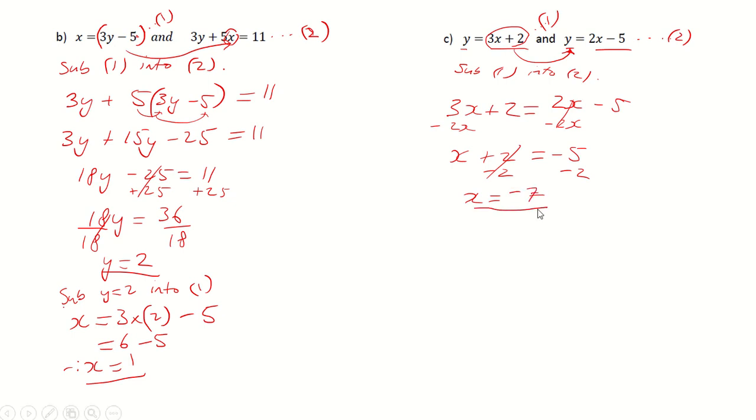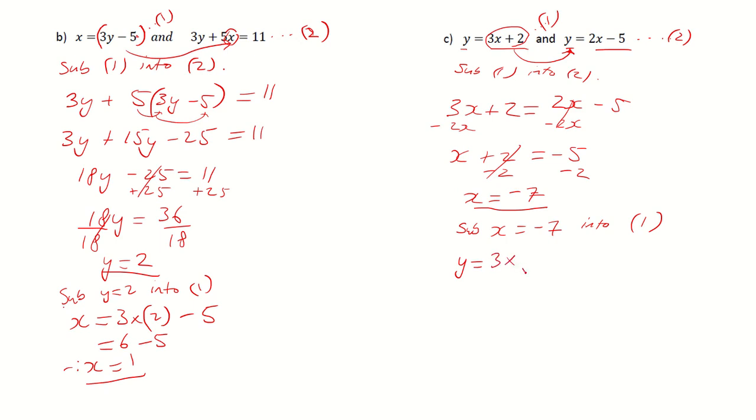So that's one solution. We now need to sub x equals negative 7 back into either of these equations. It doesn't really matter, to find y. I'll just do it into equation 1. So x is going to be replaced with negative 7. So we have y equals 3 times x.